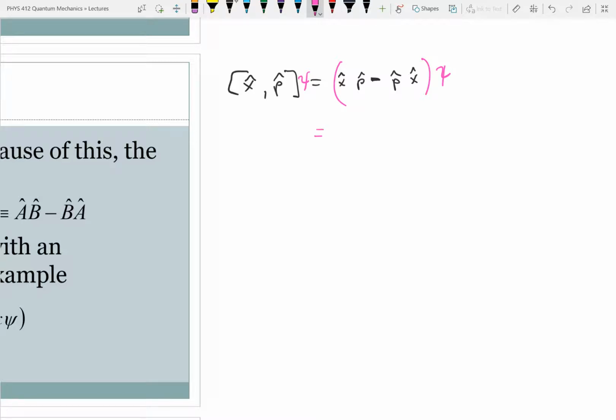Give me the operator. The X operator acting on psi gives me x times psi, so I drop the operator sign.